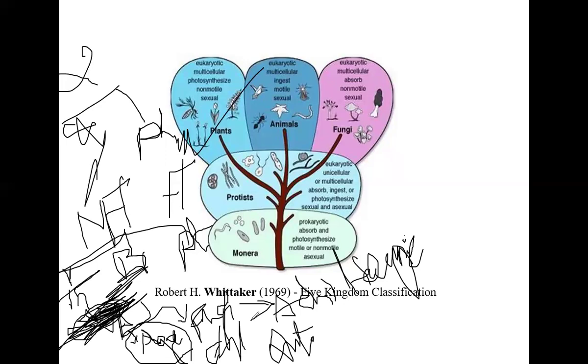Absence of chlorophyll. Plant characteristics are also there in fungi. What are those? Cell wall is present, division takes place by budding, and spores form.